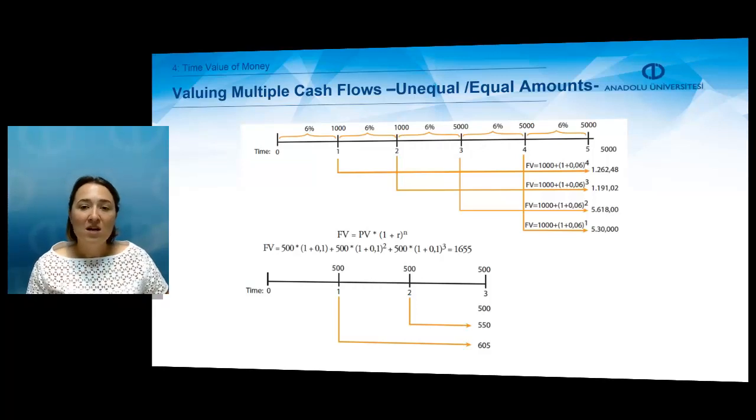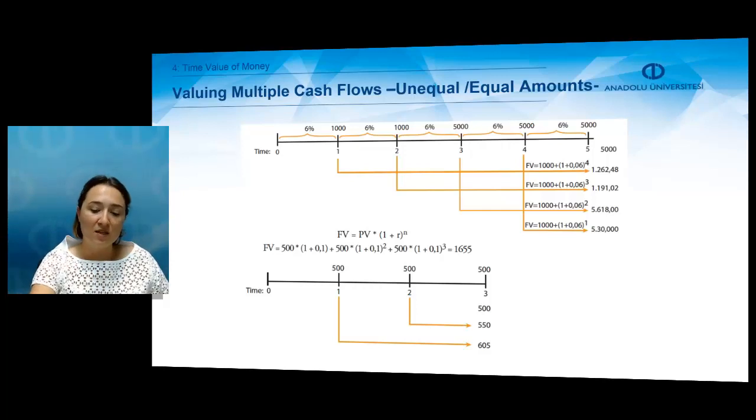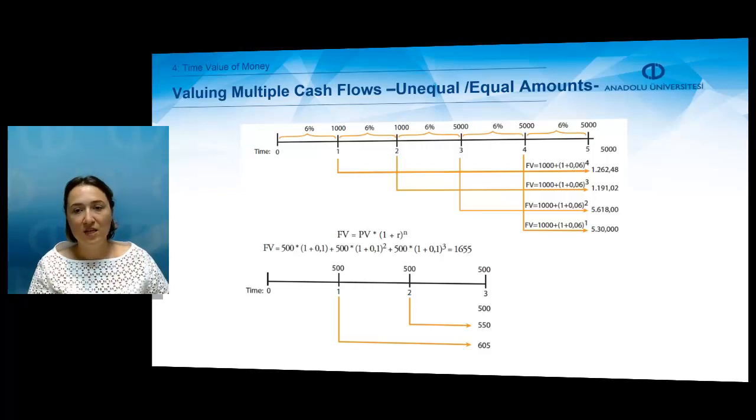So one by one, we can see the future values of these specific cash flows. Like the fifth cash flow is 5,000, and the future value of this 5,000 is 5,000 in the fifth period. We talk about the fifth period when we say future value. Future value is present value for the fifth cash flow.